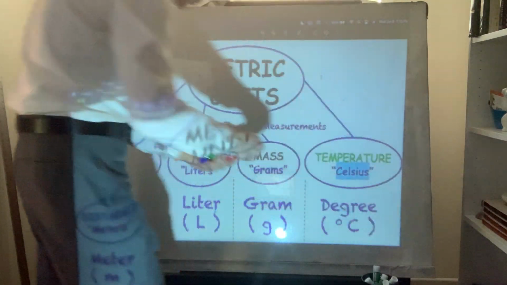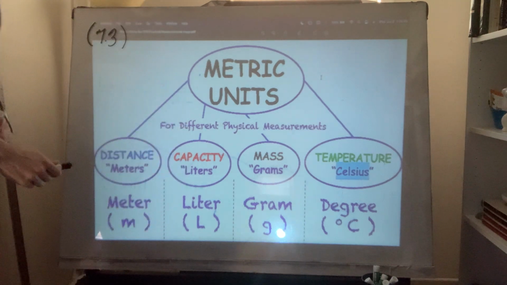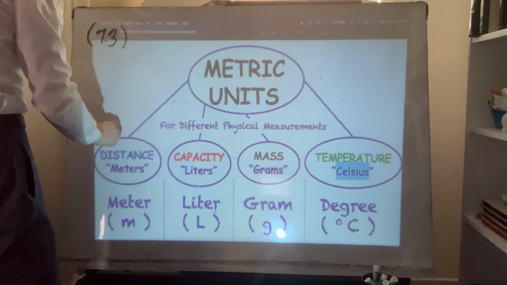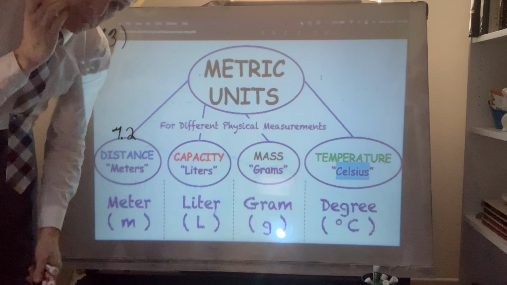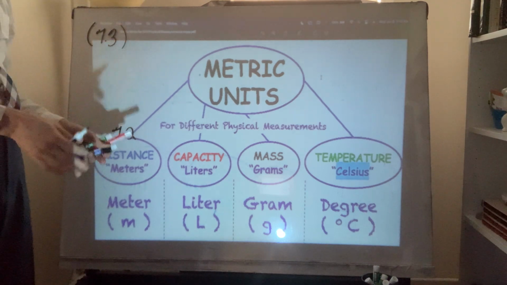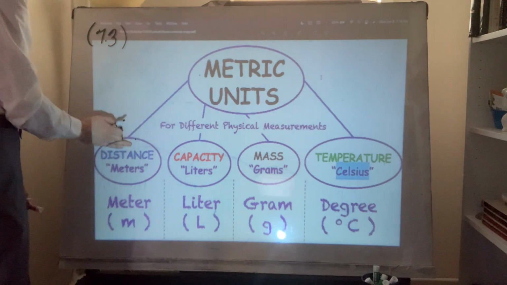And we have to this point covered one-dimensional measurements, which are distances, basically. Remember, distances can be called, depending upon the circumstances, a side, a length, a width, a height, a depth. There's different words for them in English. This is step 1.